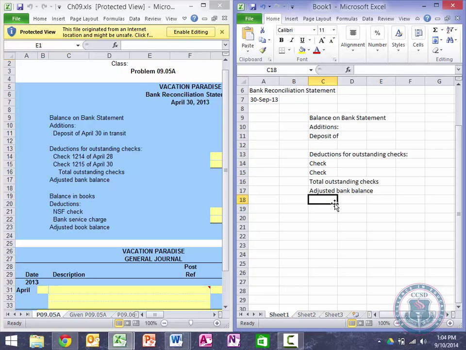So adjusted bank balance, going to go down to number 19, balance in books. Deductions. We're going to just say NSF check just in case there is one. Bank service charge.